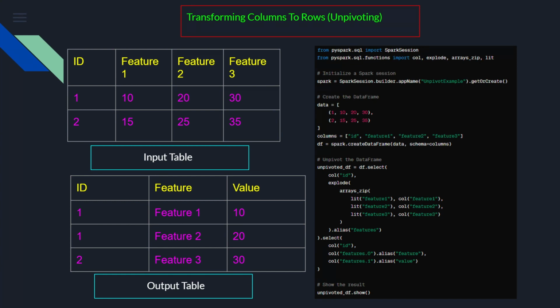So this is the example where we can do the unpivoting. Basically, to transform a data frame from a wide format to a long format, often referred to as melting or unpivoting in data manipulation, we can use Spark's select, explode and arrays_zip functions.